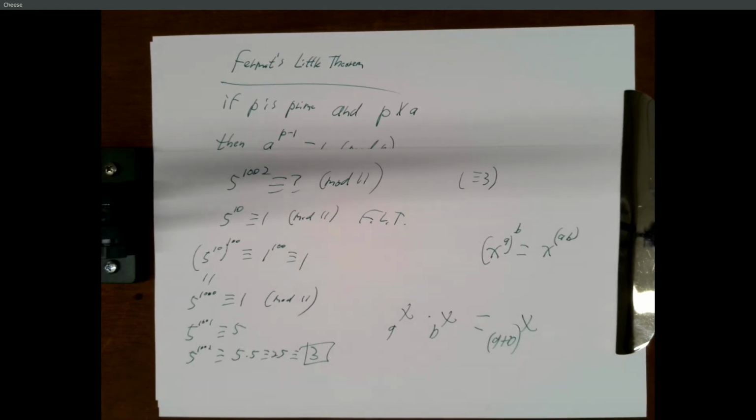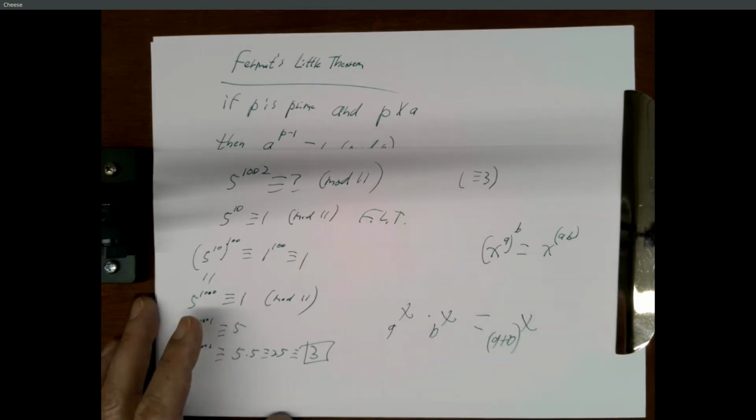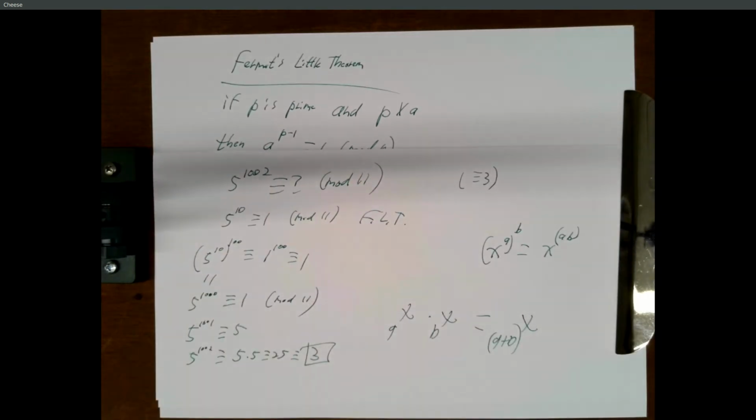But if you have a computer, you can do even more. And this is how things like public key crypto systems work. Because to do an RSA encryption, internet commerce, that kind of stuff, you need to do really large exponential calculations on big numbers. And those are tractable by doing things like modular exponentiation.